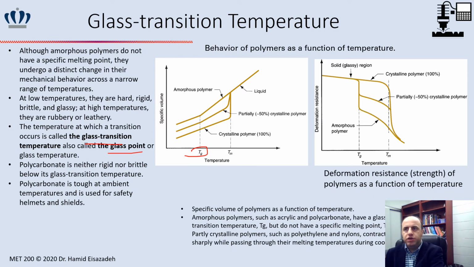As you see here, we have other materials like crystalline polymers that don't have a glass point, but they have a sharp degrading front. This is the temperature at which the material degrades.